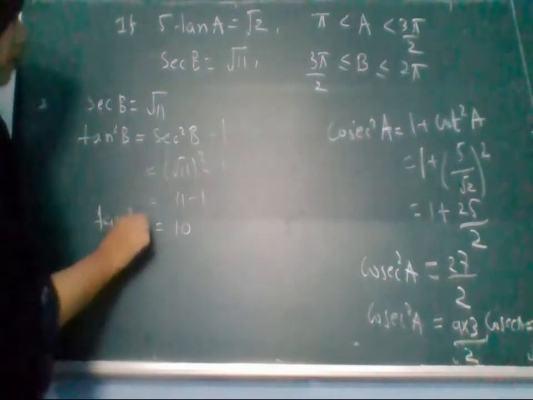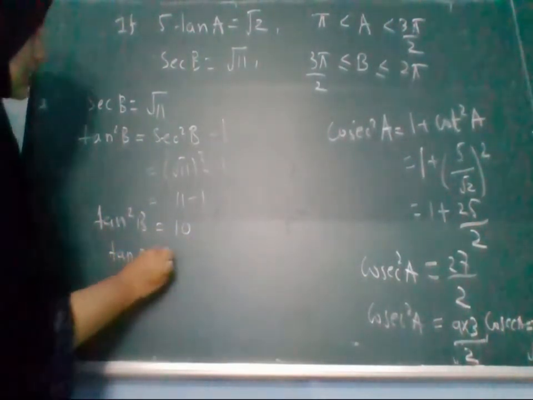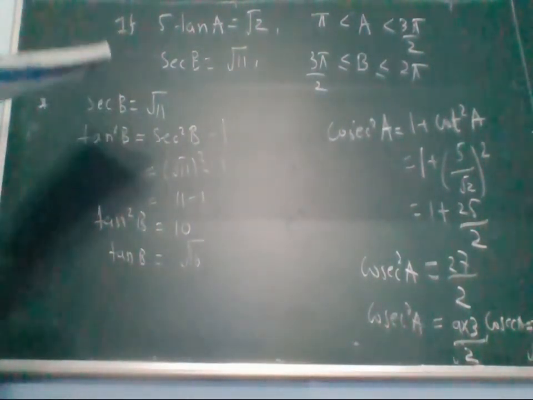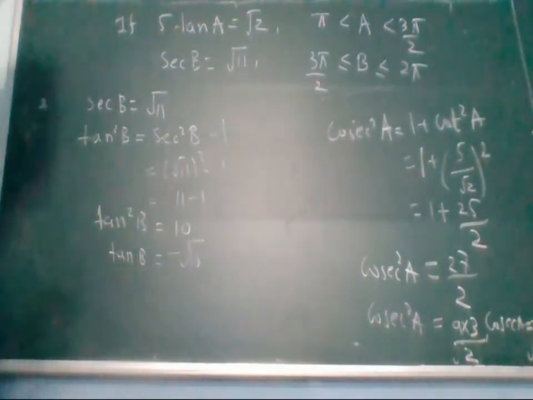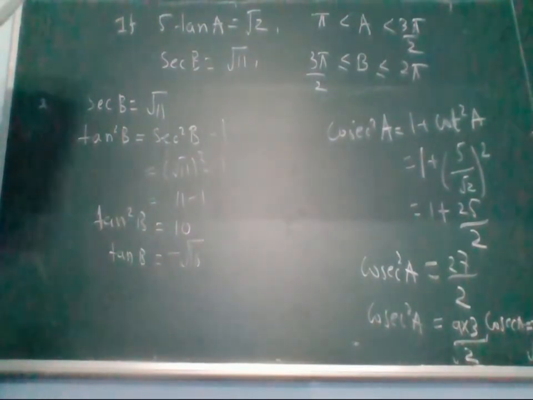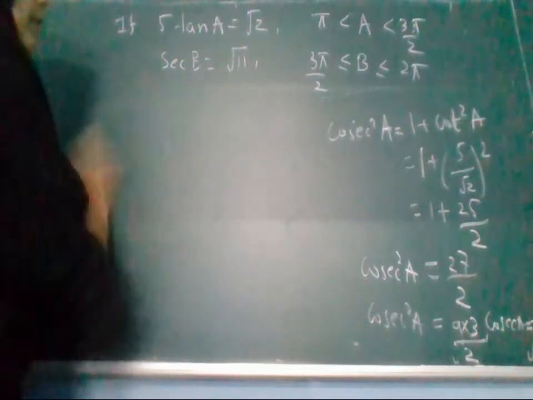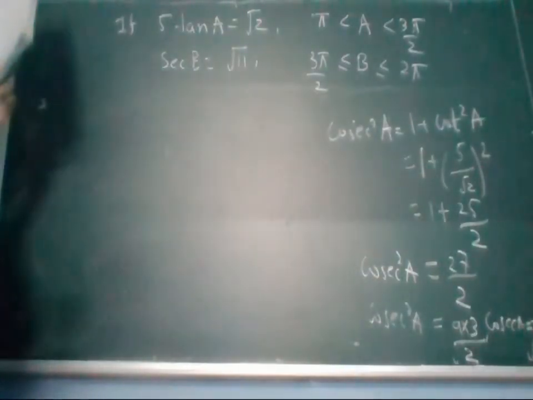So tan square B is 10, therefore tan B is root 10. Also, B lies in the fourth quadrant, so it must be negative. So the value of tan B is minus root 10. You can give this as equation 1 and the value of tan B as equation number 2.